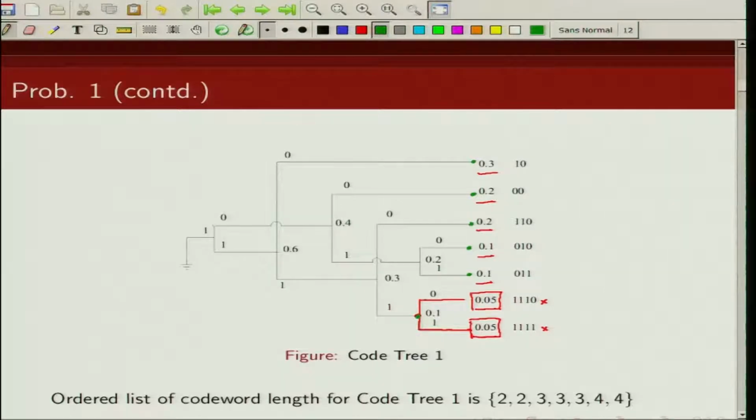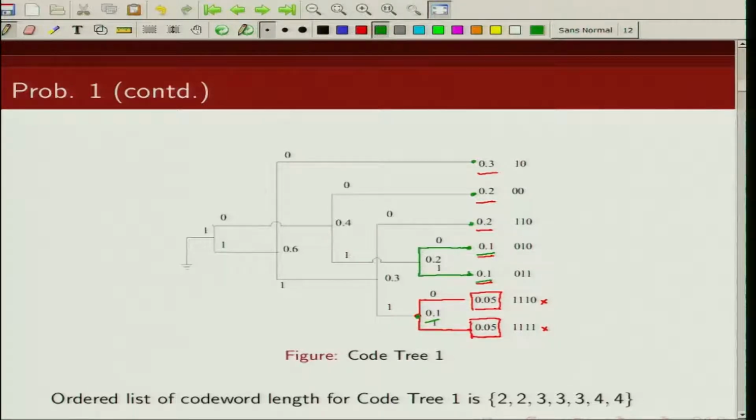Now note, we have 3 nodes and leaves which have probability 0.1. So we could combine any 2 of them. In this case I am just combining these 2.